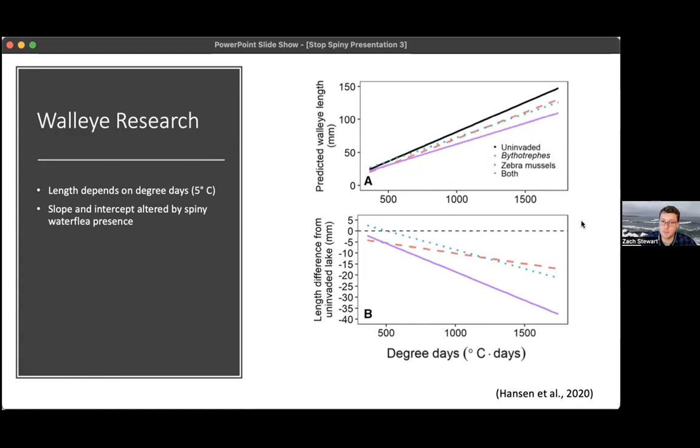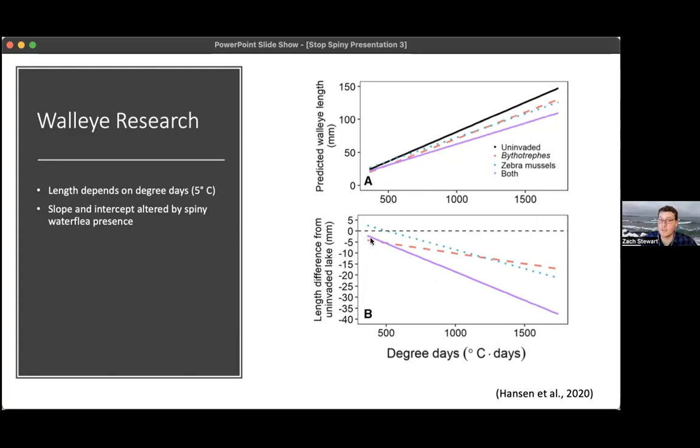Then down here, this is in section B, this is kind of another way of looking at the same concept. The black dotted line here would be a normal lake, or an uninvaded lake. And this graph shows the length difference from an uninvaded lake versus an invaded lake. So in an uninvaded lake, we're expecting to see 0 difference. That walleye is just going to grow at its average rate.